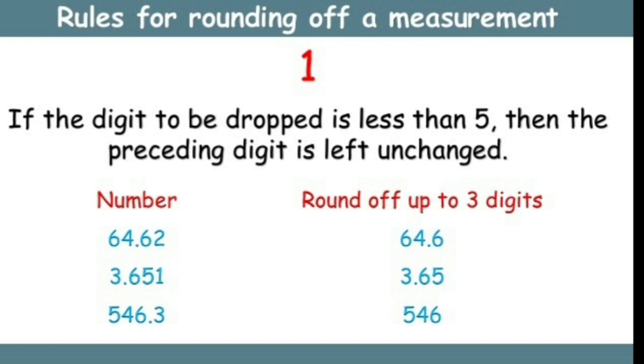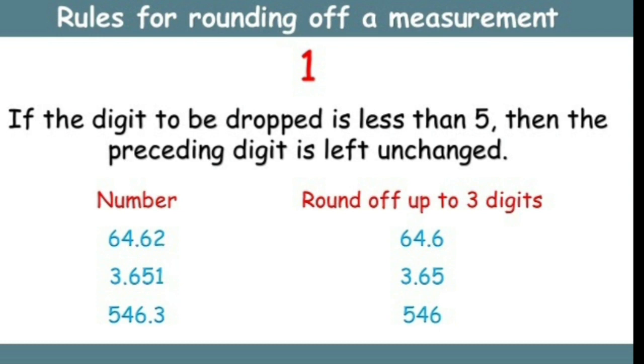In error analysis, we will be finding the average value, no? So when we find the average value, there may be many digits after the decimal point. So I told you that only as many places as there are in the measured value, you have to retain in the mean value also. So there you have to apply rounding.